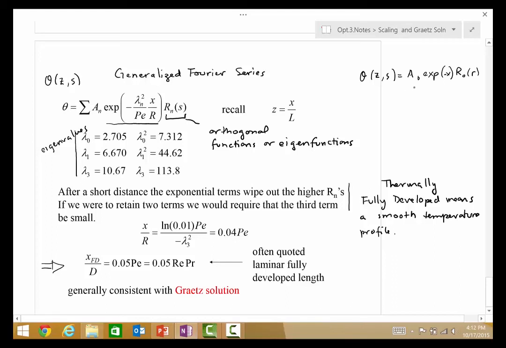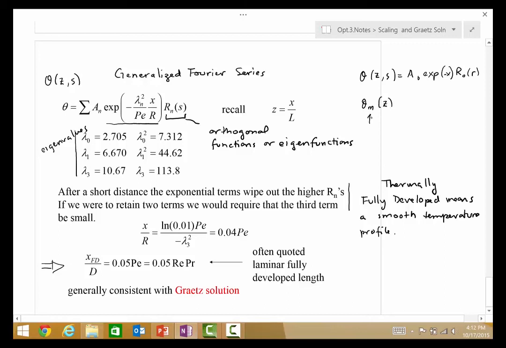For a fully developed profile, and we'll talk about this shortly, it means that when you look at, for example, the average temperature difference between the wall and the mean, a mean temperature that is averaged in a cross-sectional area sense, this thing is only a function of z.